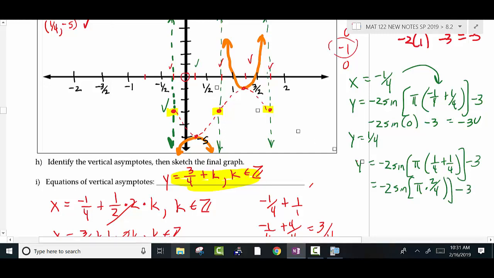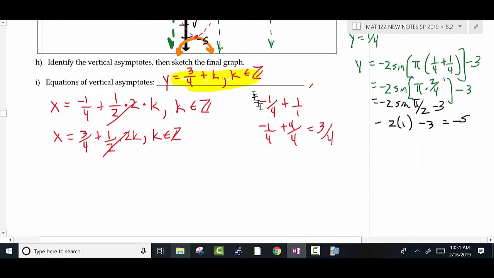I got kind of an extra dangling parenthesis there I don't need. So actually, see, this is negative 2 sine of pi over 2 minus 3. The sine of pi over 2 is 1. Work out the arithmetic, you get negative 5. That's what we thought we'd get. Okay, that's not hard to check. So we know we're pretty much on the right track.